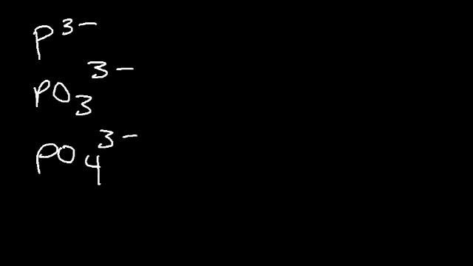And PO4 3- is called phosphate. By the way, what do you think HPO4 2- is called? And what about H2PO4-? So HPO4 2- is hydrogen phosphate or monohydrogen phosphate. H2PO4- is dihydrogen phosphate.